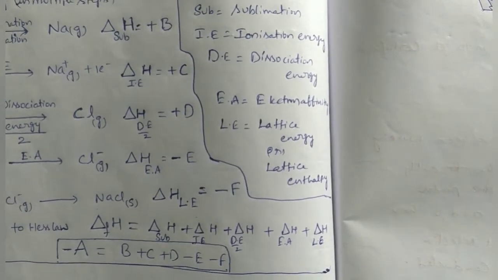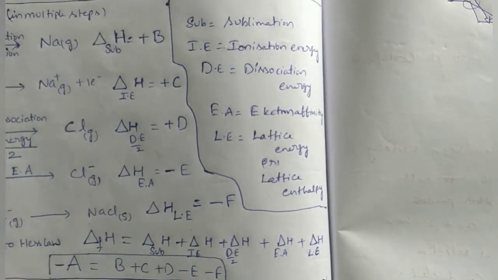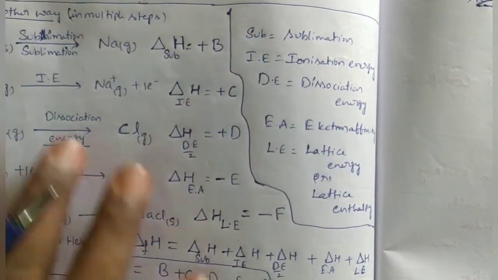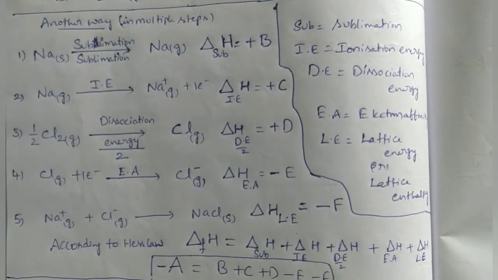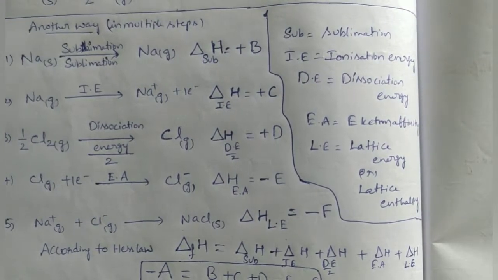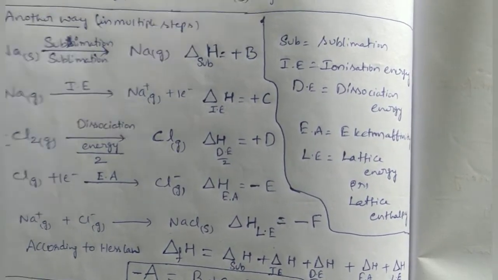Now, this one we can show in the form of the Born-Haber cycle. This total procedure, whatever it is happening, we can show it in the form of one diagrammatic representation. Let us see that one.